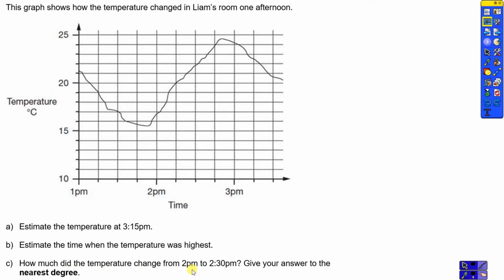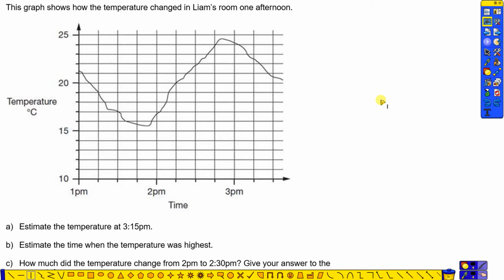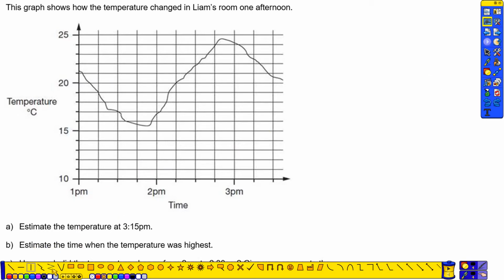How much did the temperature change from 2 p.m. to 2:30 p.m.? Give your answer to the nearest degree. So we need to find the temperature at 2 p.m., which is just a touch under 17 degrees.